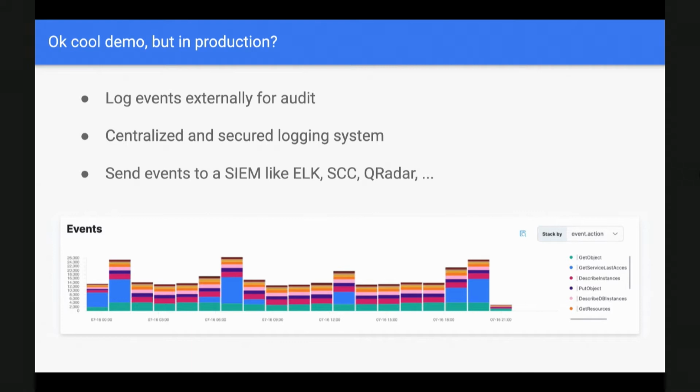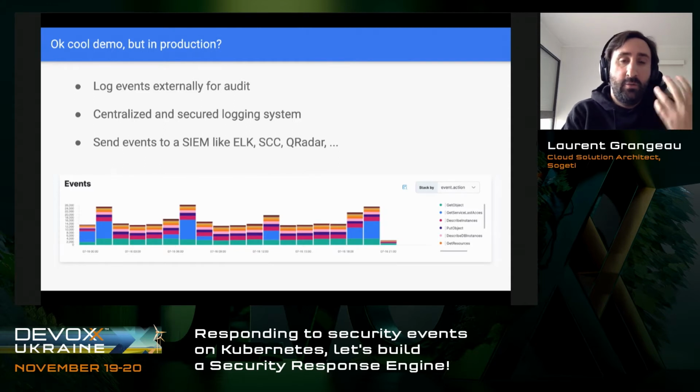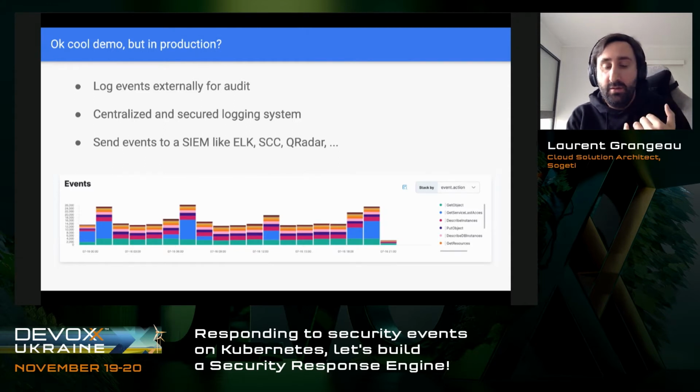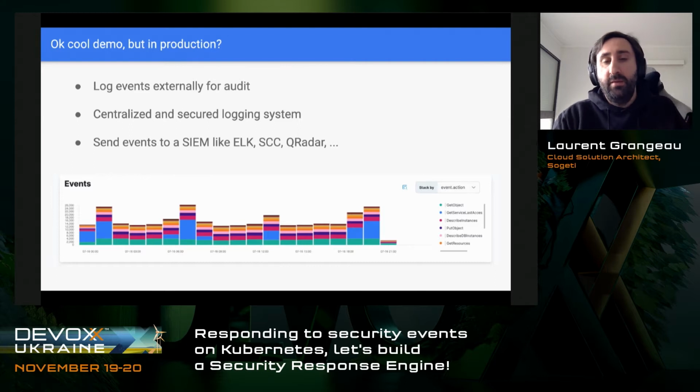And of course, you will want to send these events through a SIEM such as IBM QRadar to be able to detect an anomaly inside your containers, and we will have to add something more to be able to send these events.